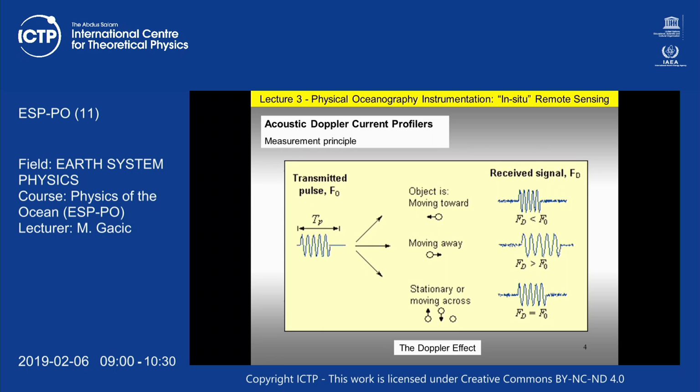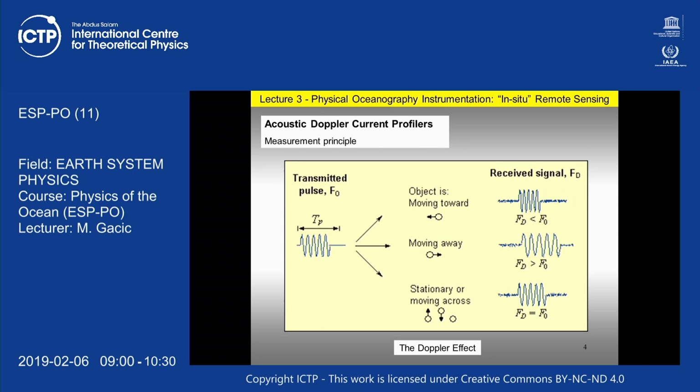This is the measurement principle of the acoustic Doppler current profiler. If the object is moving toward, there is a change of the frequency of the receiving signal. If it's moving away, there is a change of the frequency that way. And if it's moving across, then there is no change of this frequency.